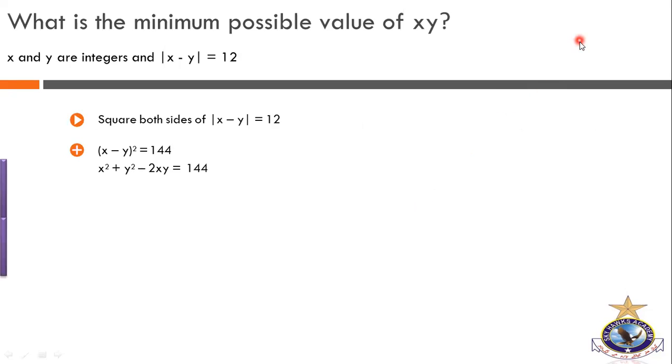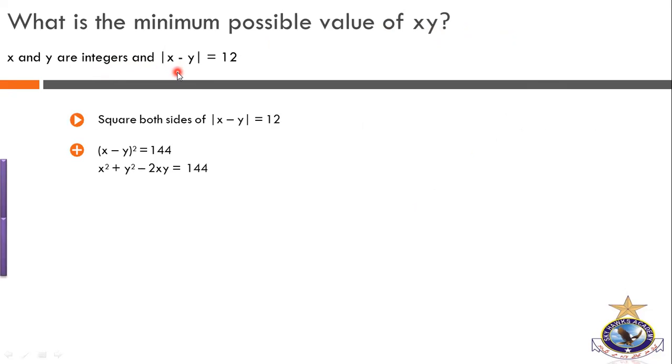Once again, we are keeping the problem at the top. We are looking for the product xy, the exact value, and these are integers, and we have the absolute value of their difference, that is 12.